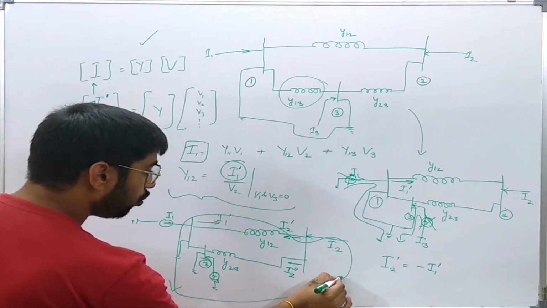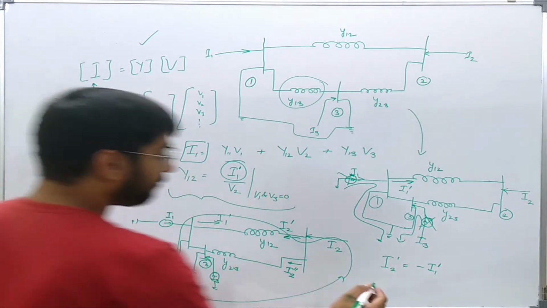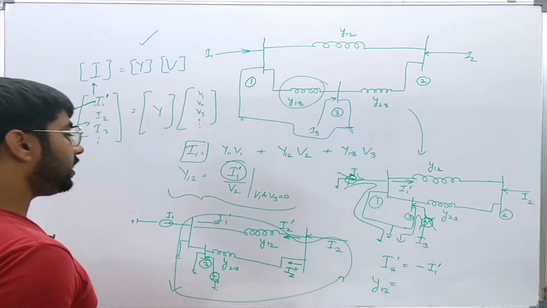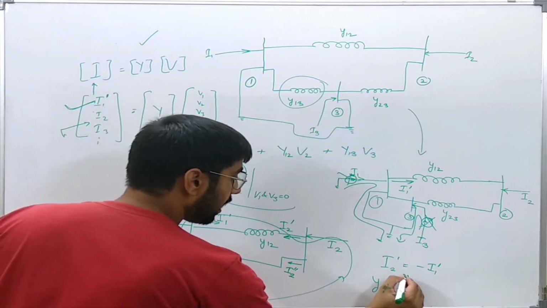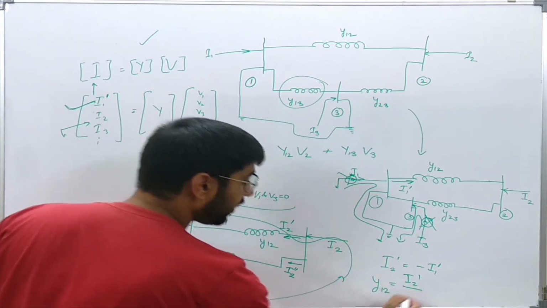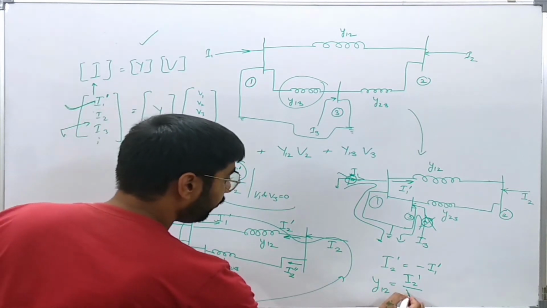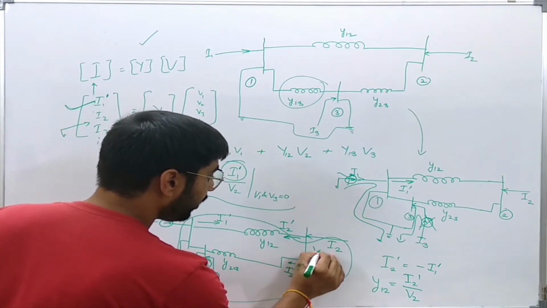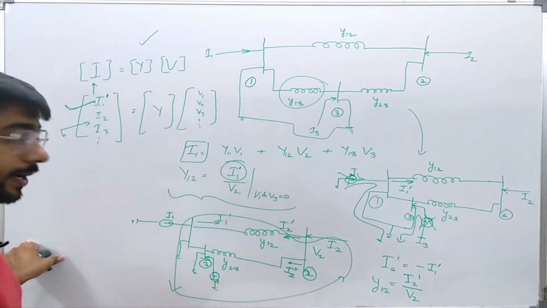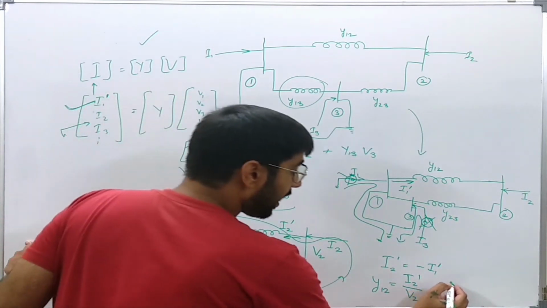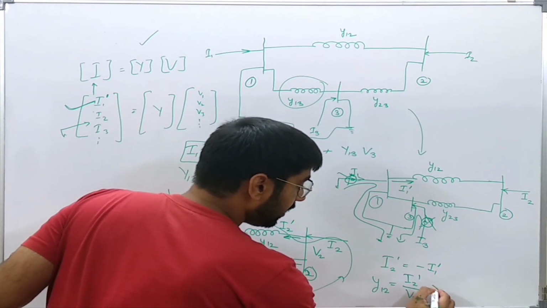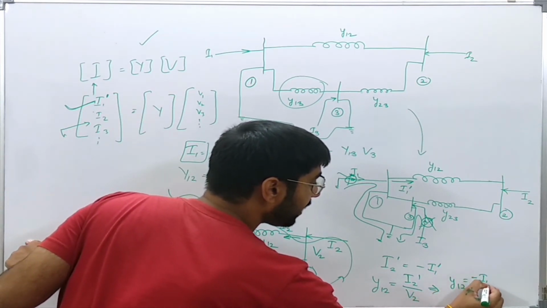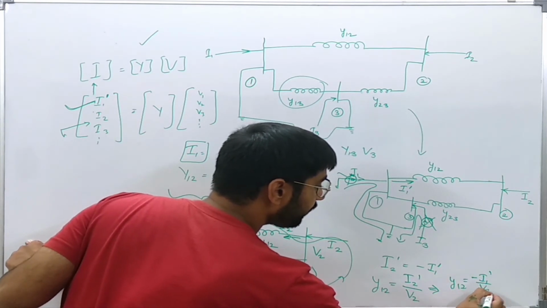from this KVL loop, I can see that Y12 can be written as the ratio of I2 prime over V2, which is the voltage at this bus, V2. Okay, or I can see that Y12 can be written as minus of I1 prime over V2.